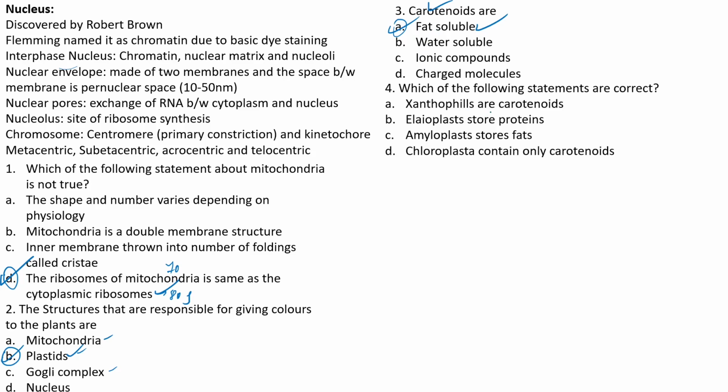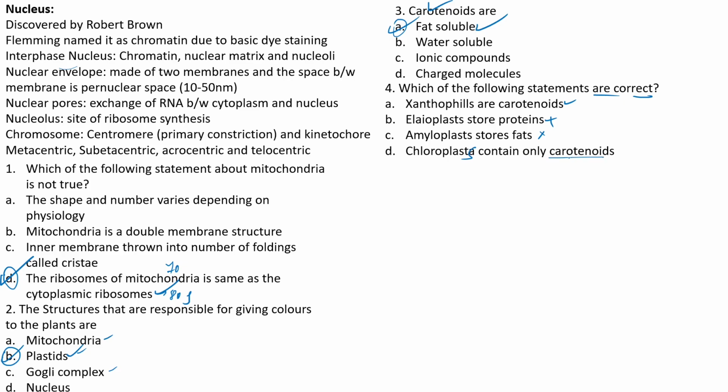So the next question we have is: which of the following statements are correct? Xanthophylls are carotenoids. Yes, it is correct. Elaioplasts store proteins. No, they mainly store fat and oils. Amyloplasts store fats. No, they are mainly involved in storage of starch. The last statement is chloroplasts contain only carotenoids.